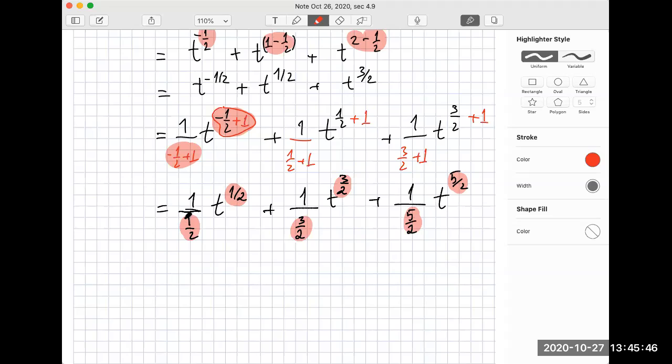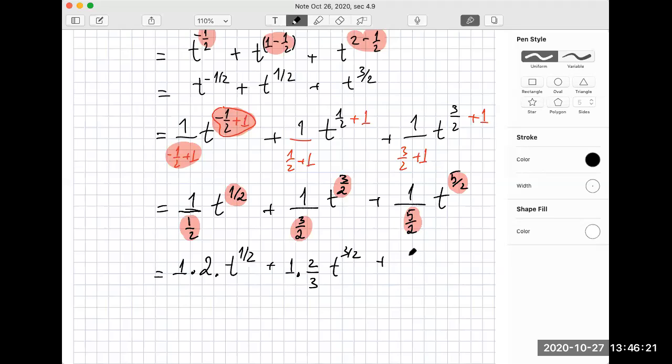And this number is divided by a fraction. So we can change it from division to multiplication by flipping the denominator, which will be the reciprocal of 1/2. It will be 2 over 1 or 2. Very good. And the same story here. What is it? Yes, 2/3. T to the 3 over 2 here.